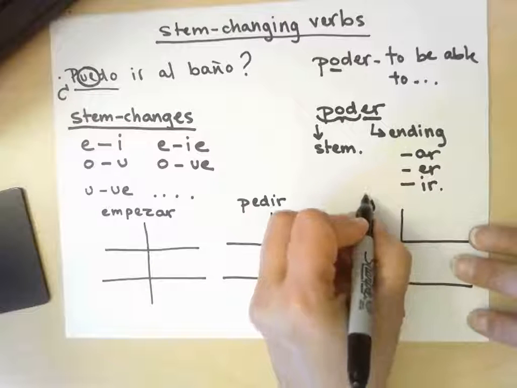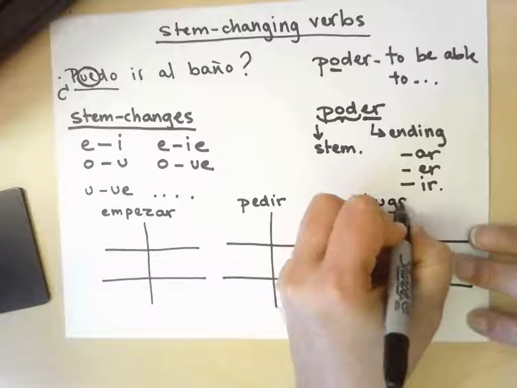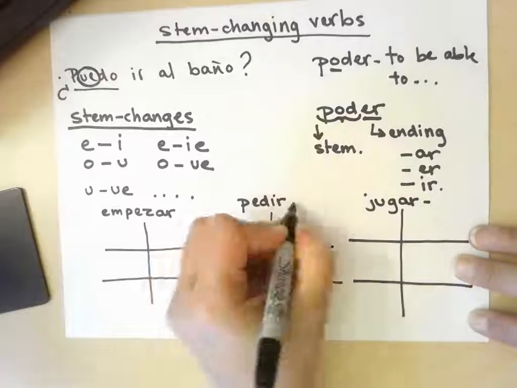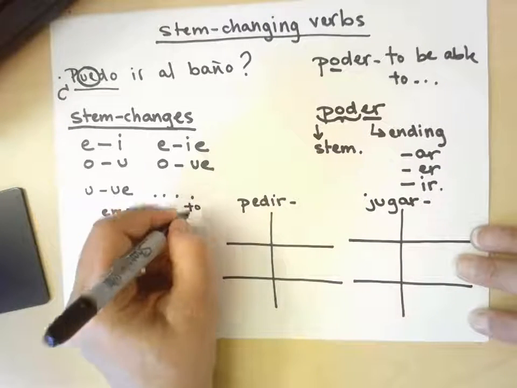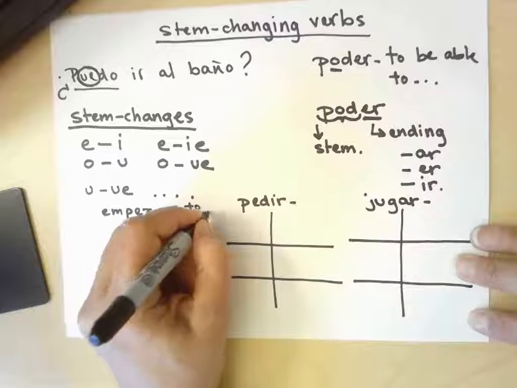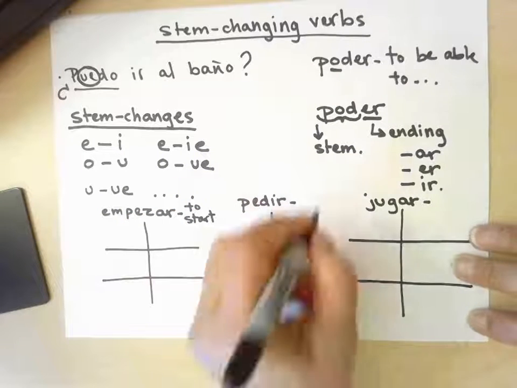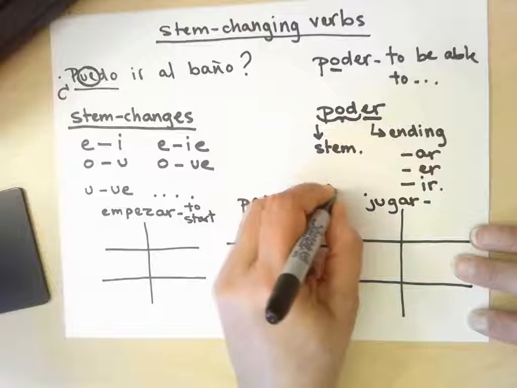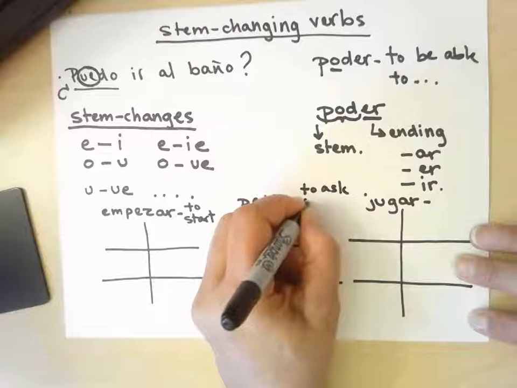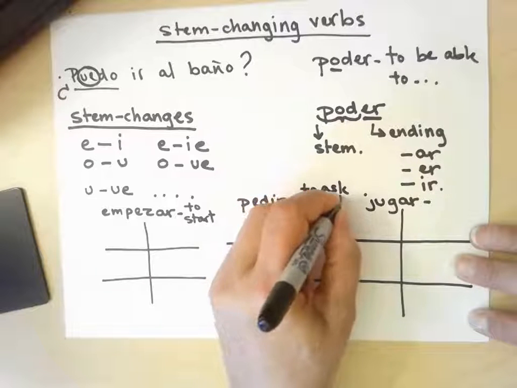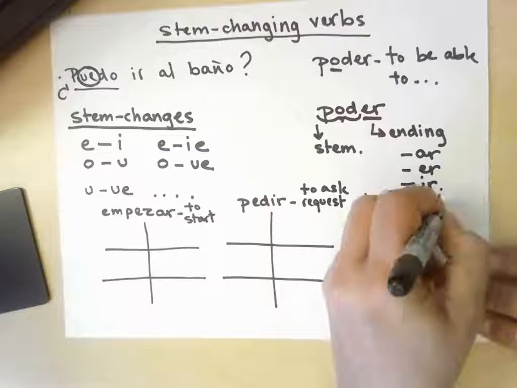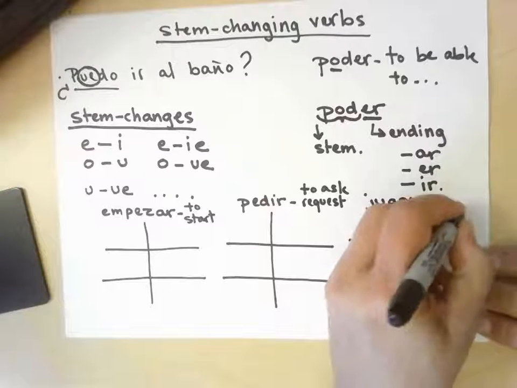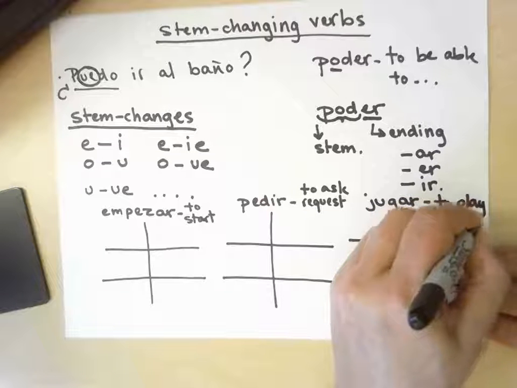And let's do jugar. What do these mean? Empezar means to start or begin something. Pedir means to ask or request something. Y jugar, you should all know what jugar means. Por ejemplo, jugar videojuegos, to play. Okay.